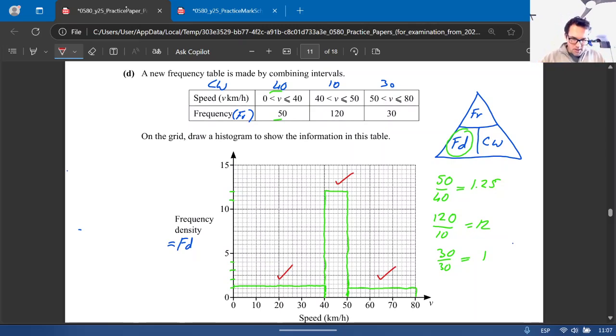Here should be a gap because that is in the middle of 2 squares. But if you go a bit wonky and you slip, that's wrong, because you're going up. Use a ruler. If you got this wrong, you can get marks for the frequency density, 1.25, 12, and 1. Just put a little bit of effort in, do it right.